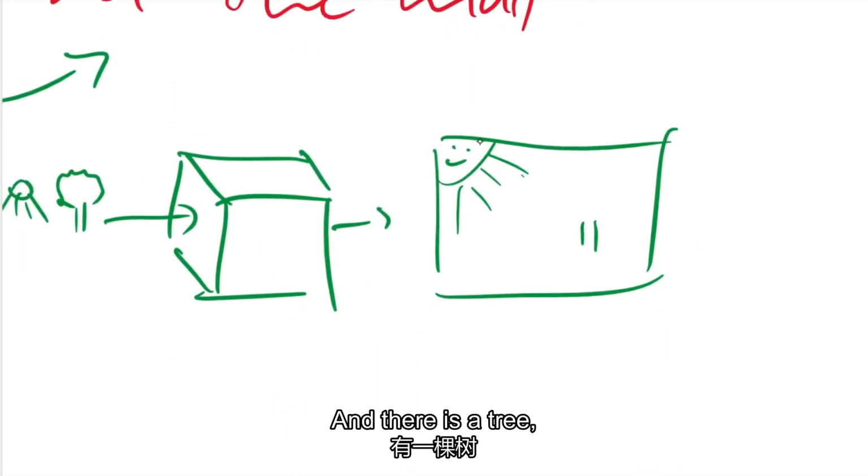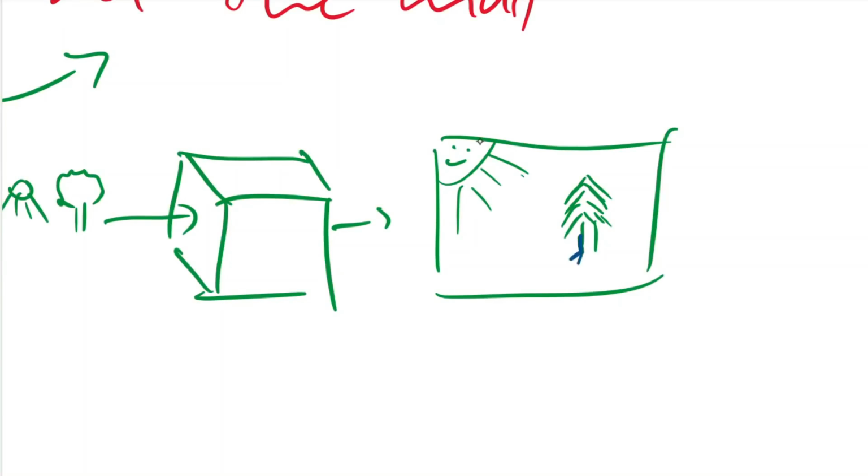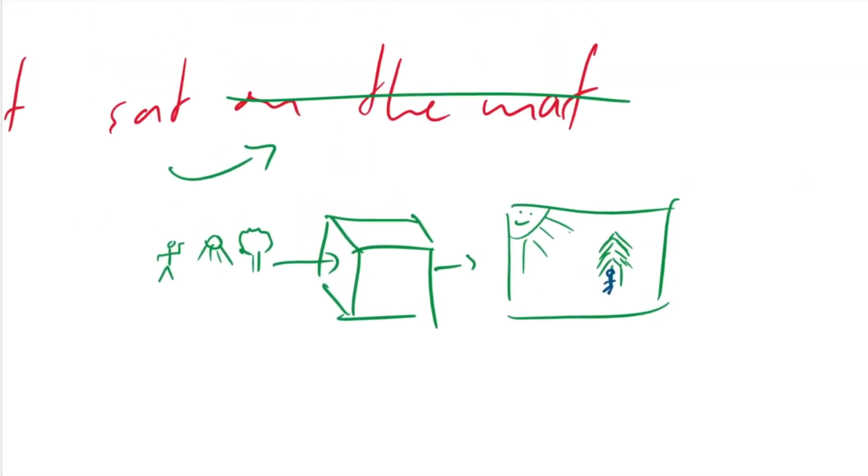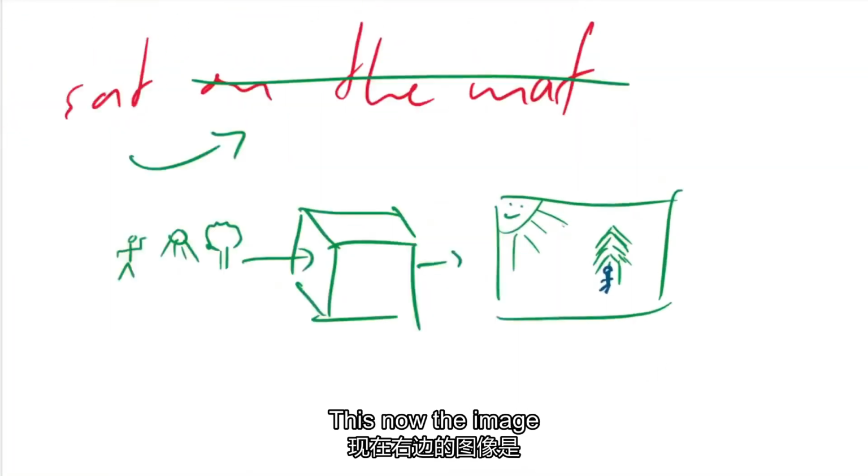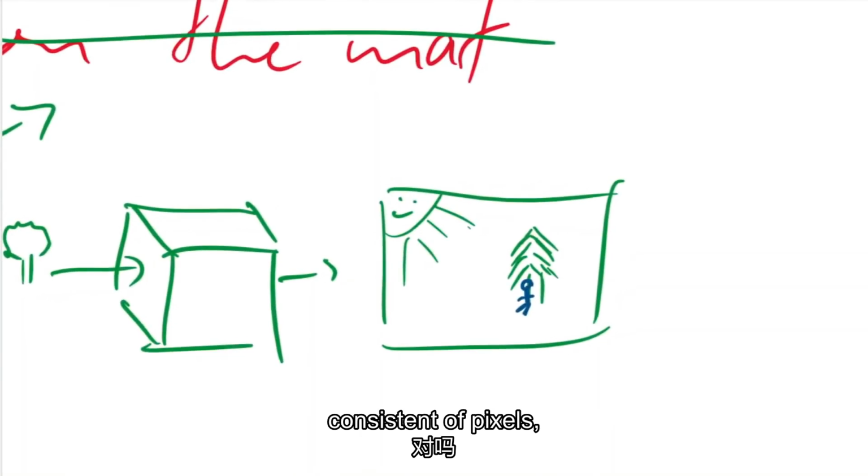And there is a tree, maybe not exactly the tree from the hieroglyphs, but some sort of tree that fits. And then there is some human in the scene. Maybe the human sits at the tree, relaxing, chilling. Now the image on the right consists of pixels, right?